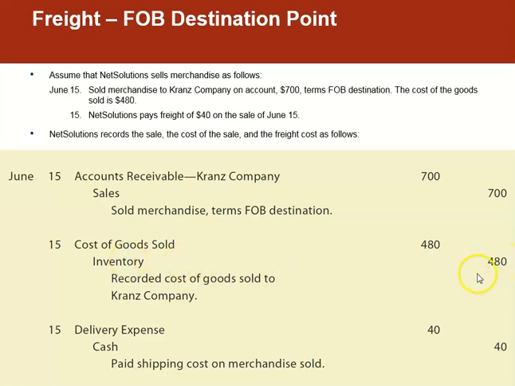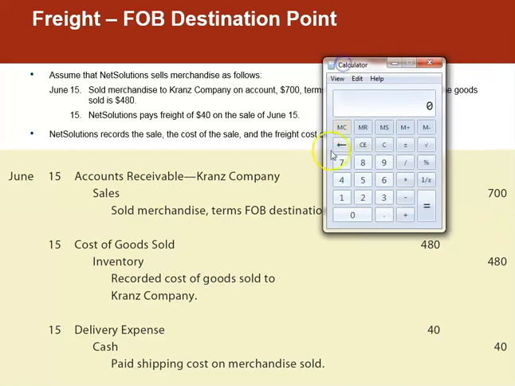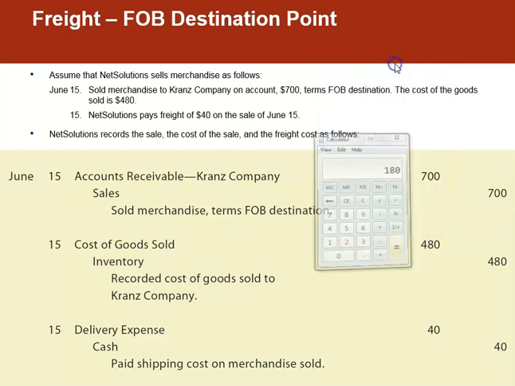And then we have a regular operating expense here, delivery expense of $40. So if we think about this, instead of making $700 minus $480, which would be $220, we also have a $40 expense here.